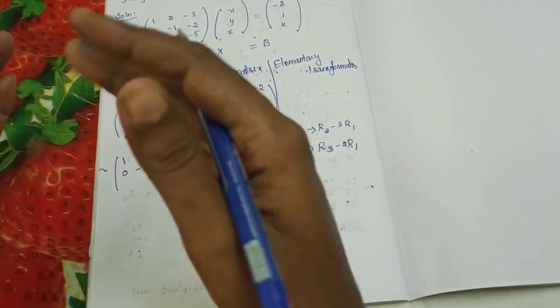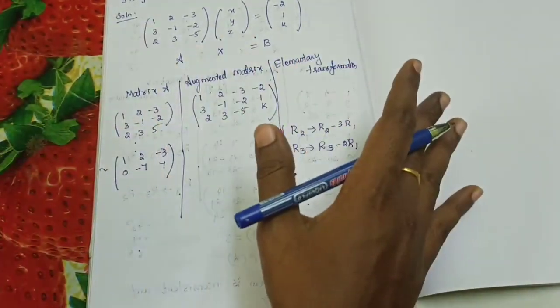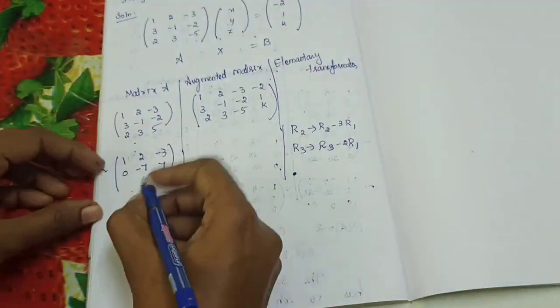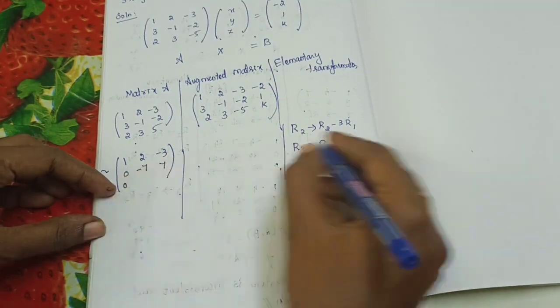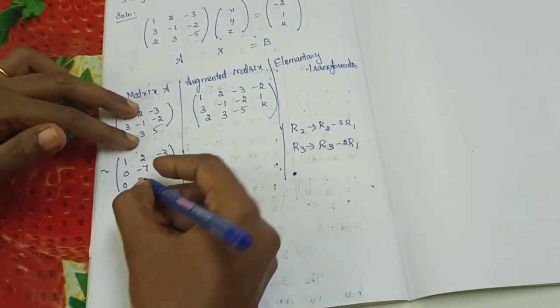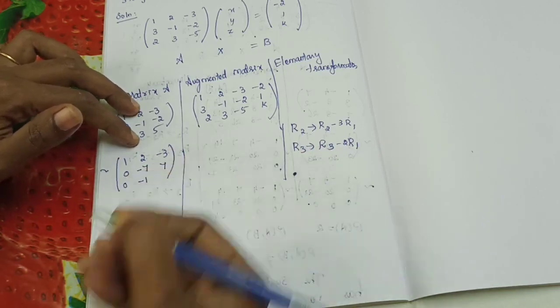More than 5 to 6 problems we have done in this same way, so because of that I am doing somewhat fast. So that is 0. Then 2 R1, is it right? So 3 minus 2 into 1, 3 minus 2 means you will get 1 for the next entry, then 2 into 3... R3 minus 2 into R1: 3 minus 4 means minus 1.